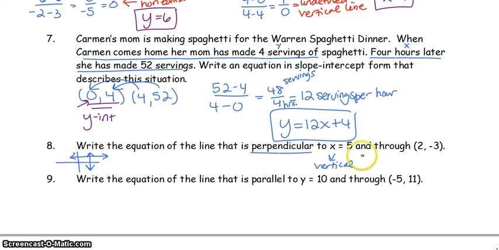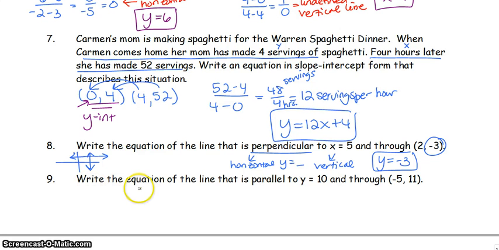So I know if I went perpendicular to vertical, I'm looking for horizontal, and we know that horizontal lines are y equals some number. So if I go through 2, negative 3, I take the y coordinate, so the perpendicular line going through that point would be y equals negative 3.